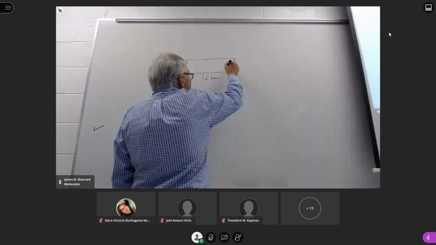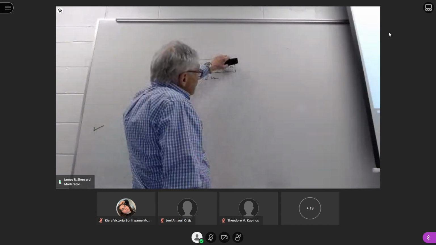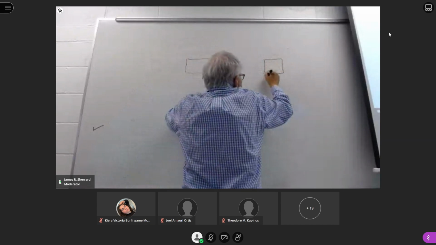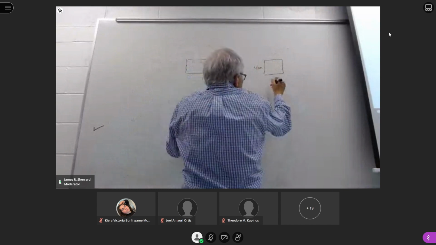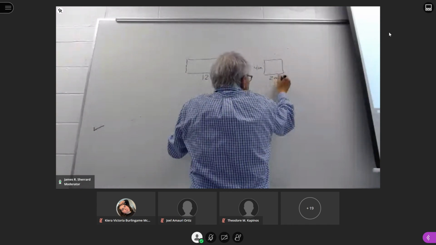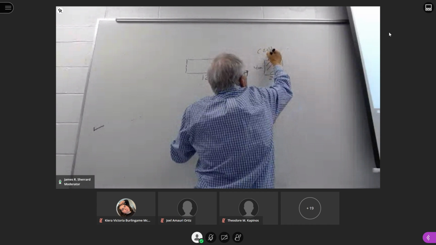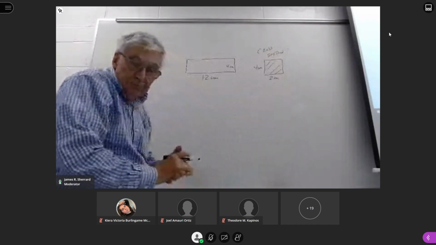It has a height of 4 centimeters. If we turn this sideways, 4 centimeters, and let's make this one dimension 2 centimeters. So this is a cross section.